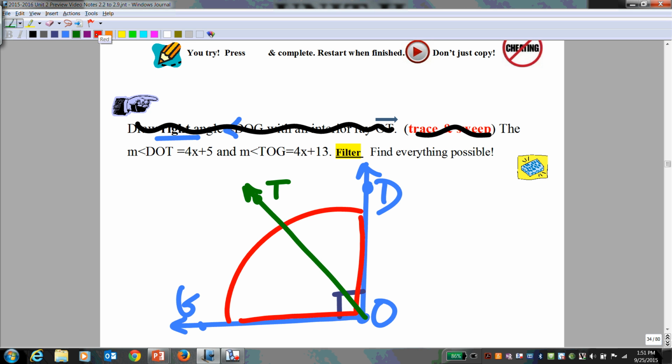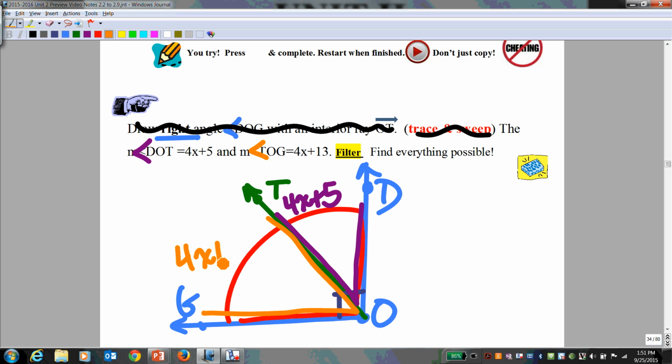And we are told that the angle DOT is 4x plus 5. And the measure of angle TOG is 4x plus 13. And then you ask yourself, how do you solve? Well, keep in mind that the whole thing is 90.